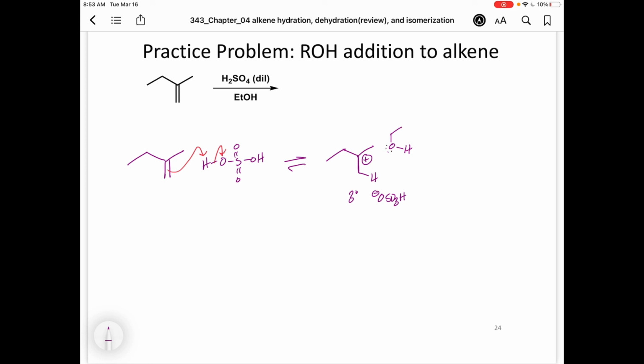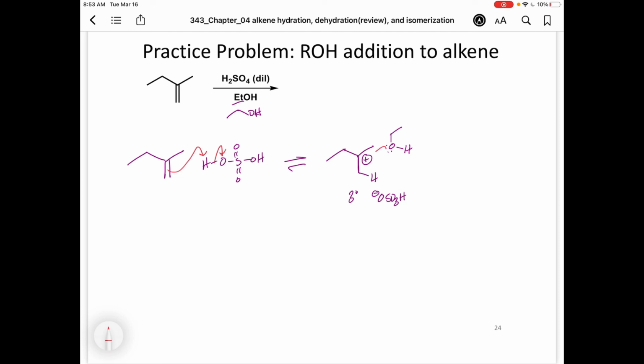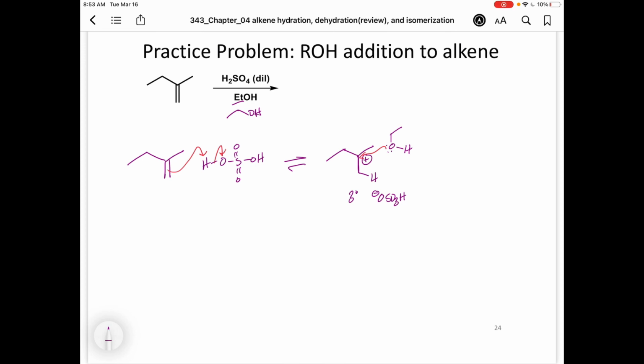Now, ethanol, remember ET, here we go. It's just this guy. So ethanol can react with this carbocation, and it will do just that. This looks really similar to what we did before with water. But instead of hydrogen here, we have an ethyl group, okay?